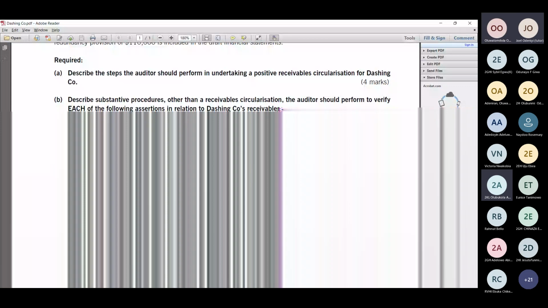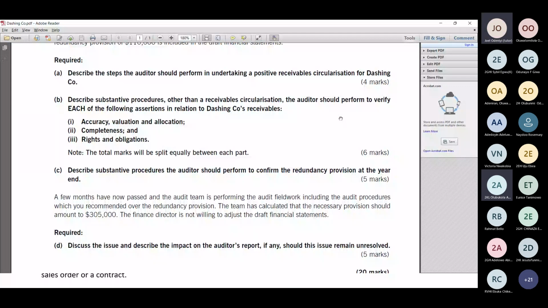If you don't know the standard, you can just say review the disclosure related to the redundancy provision and confirm that it's in accordance with the relevant accounting standard. If you say that, you're still going to be fine. If you know the relevant accounting standard name, mention it. But if you don't mention the number or the name, the examiner won't penalize you for that.